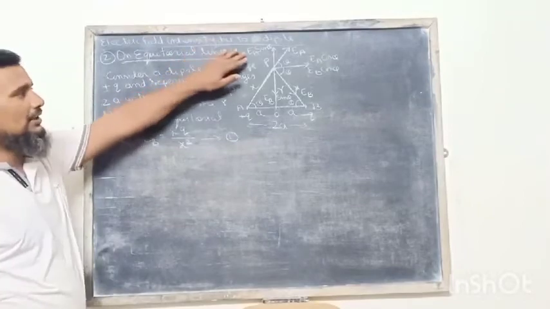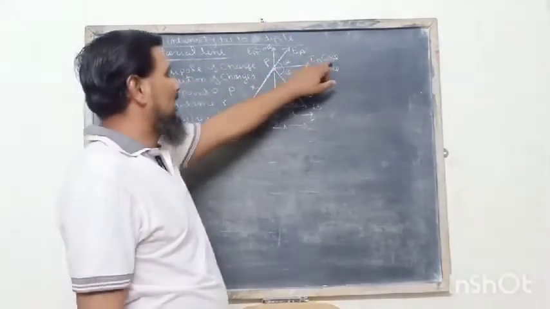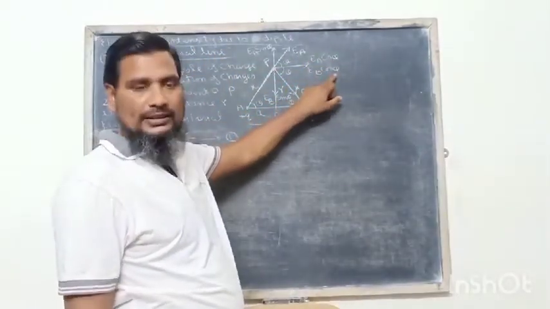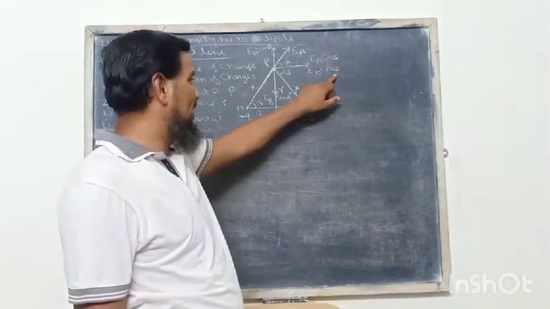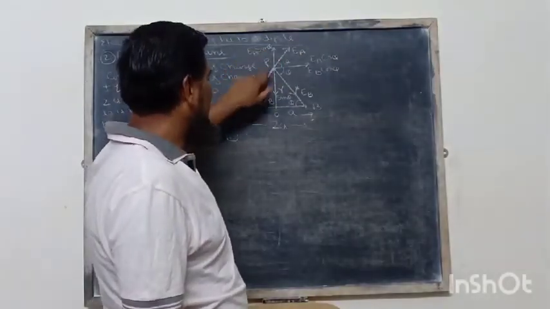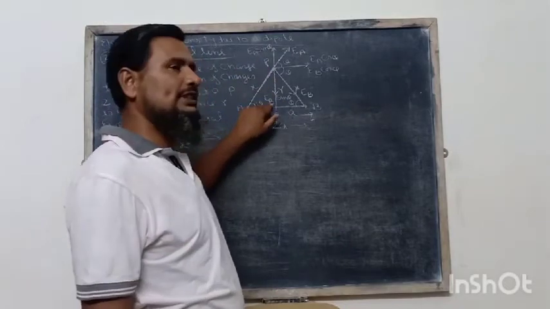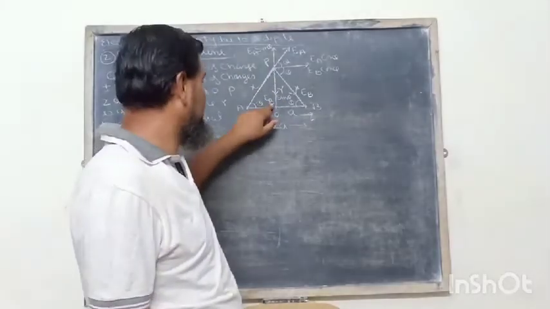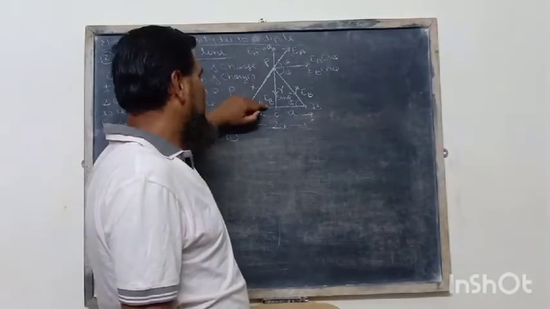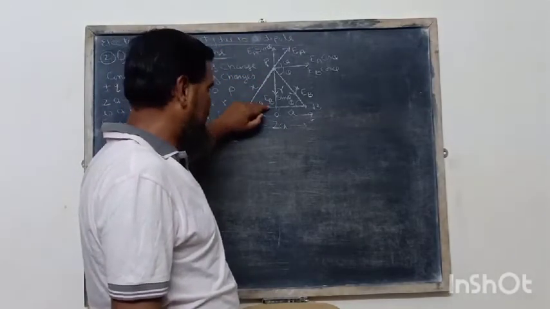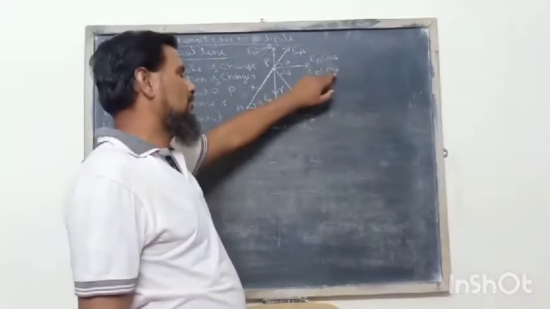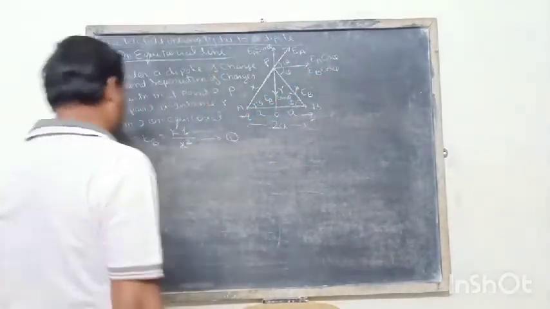Now when we resolve the components, EA cos theta and EB cos theta are along the same direction, so they add up, and EA sin theta and EB sin theta are equal in magnitude, opposite in direction, so they cancel out. So the sine components, meaning vertical components, are cancelled out and the cos components, meaning horizontal components, add up.